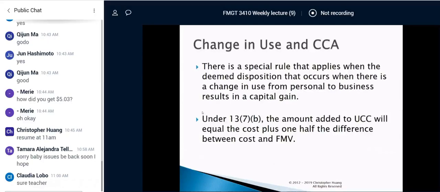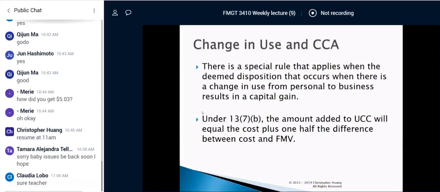And again, just to be clear, change in use is a situation where you have a property that was first used for income producing purposes, and then you change the use so that it is now used for a non-income producing purpose, or vice versa. You have a property that was non-income producing use at the beginning, and now you change the use so that it is now income producing.